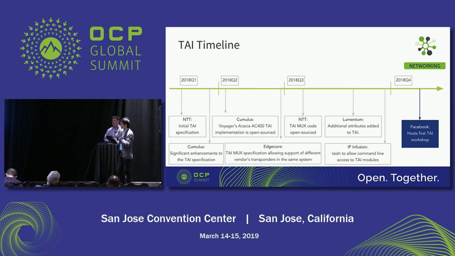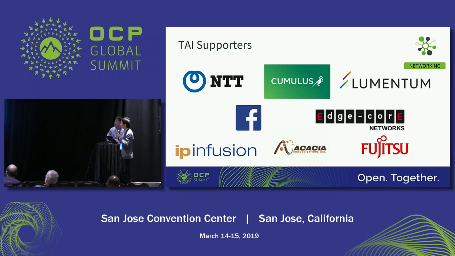Then Edgecore comes in with Cassini. Also Lumentum, a transceiver vendor, joined to add more enhanced features inside TAI. Then IP Infusion, another NOS vendor, joined to make it more useful. So now it is supported by these companies.